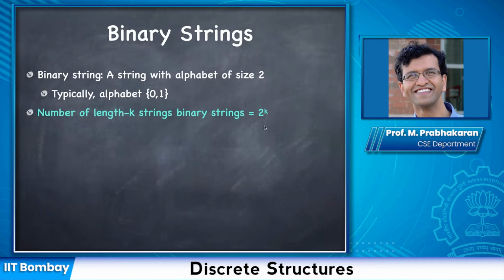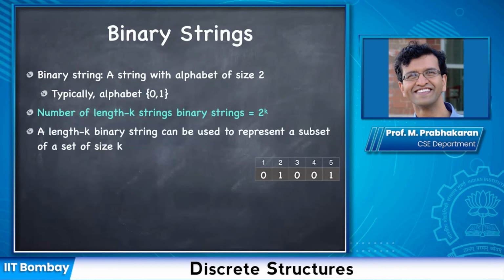And what we just now said is that the number of length k binary strings is 2 to the power k, okay? Because n is 2. So yeah, here is an example. For instance, it's a length 5 binary string, right? And there are 32 ways you could have filled up this little string, and this is one such way.